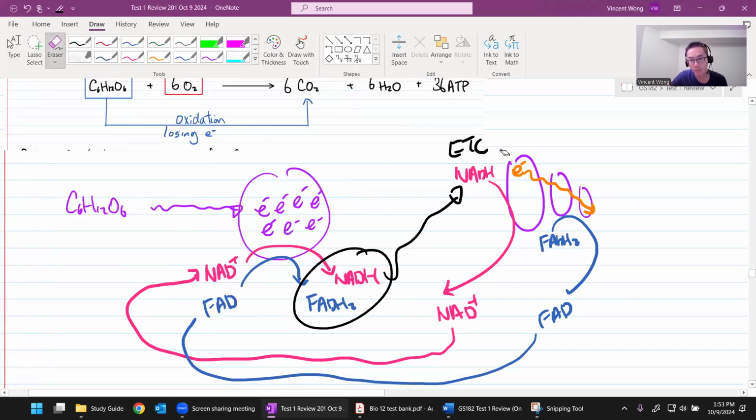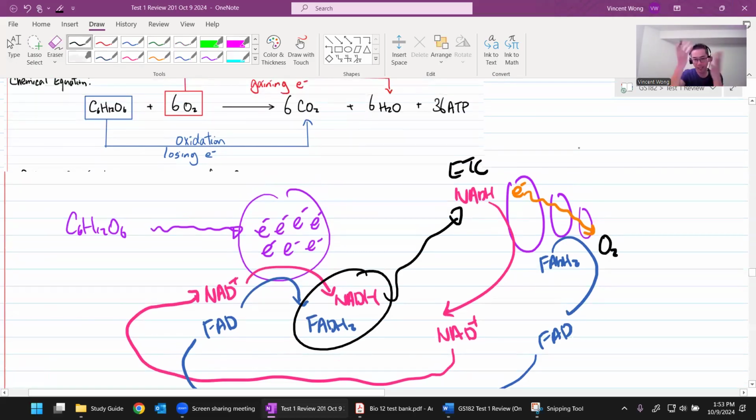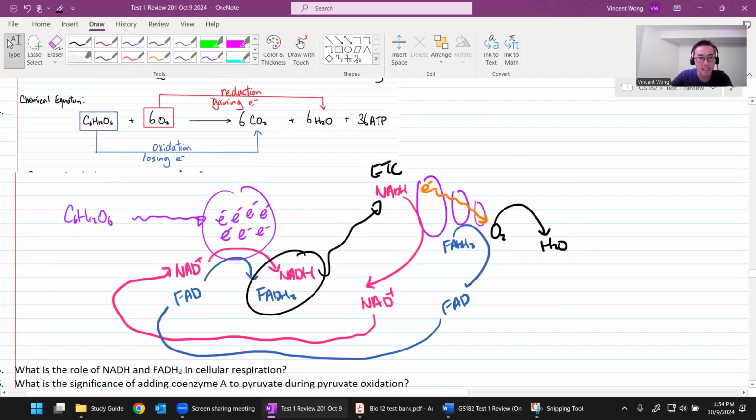And at the bottom of the ETC, you're going to have oxygen ready to pick up the electron, which then becomes water. So when we say glucose is oxidized and oxygen is reduced, it's not like I hand it to you directly, a kind of direct transaction.